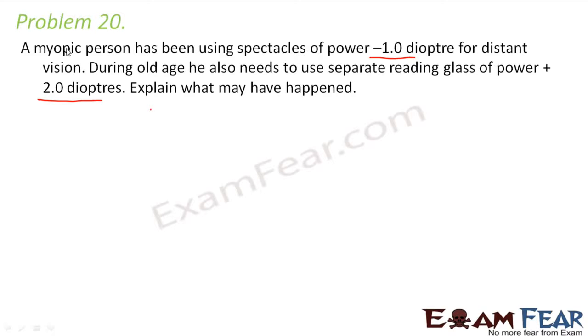That means he was not able to see distant objects clearly. Right? So he was using spectacles of power -1 diopter. With the help of this, we can calculate the focal length of the lens. If power is -1 diopter, this implies that focal length would be 1 by P, that is 1 divided by -1, which is equal to -1 meter, that is -100 centimeter.